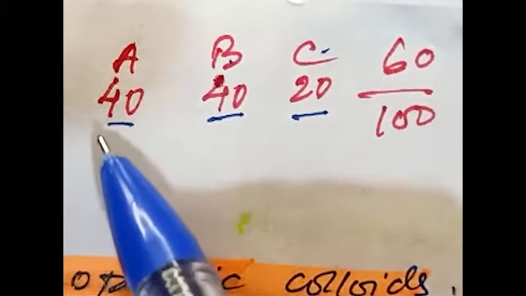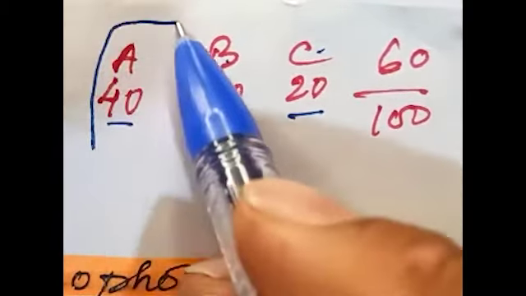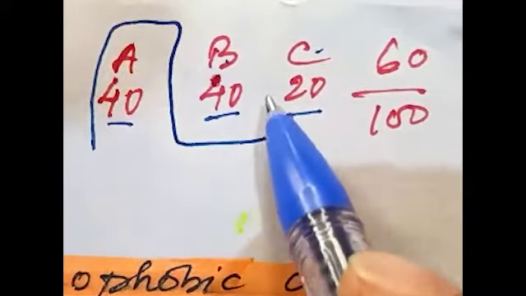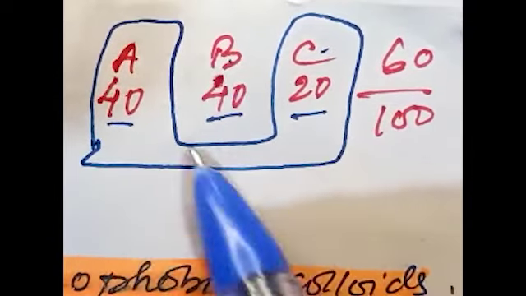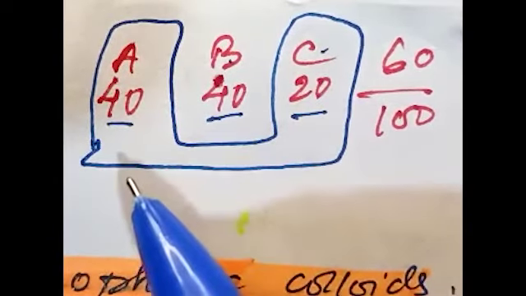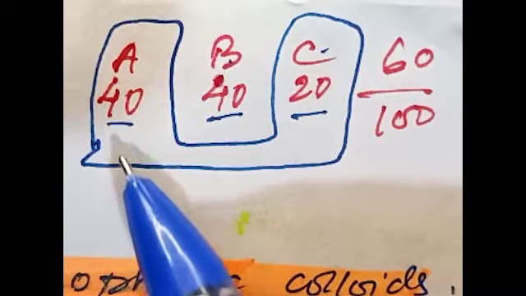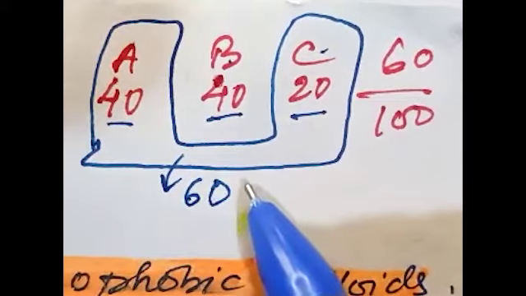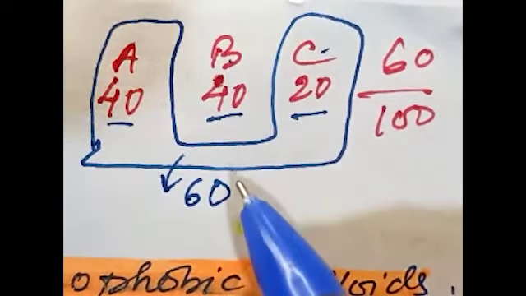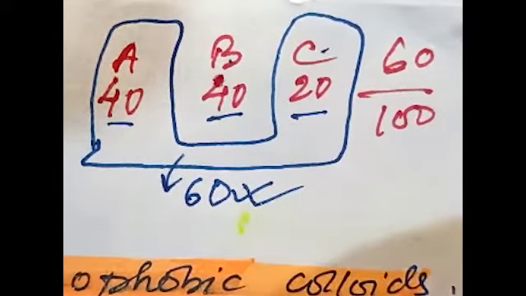So in that condition, what one party can do is, suppose A says that A and C will combine together. If A and C combine, how many seats do they have? Ultimately, together it is 60.